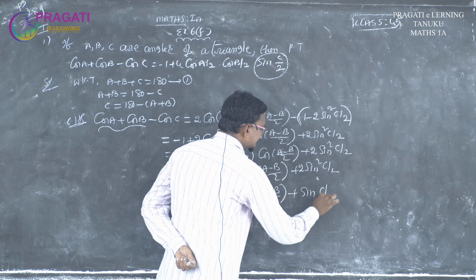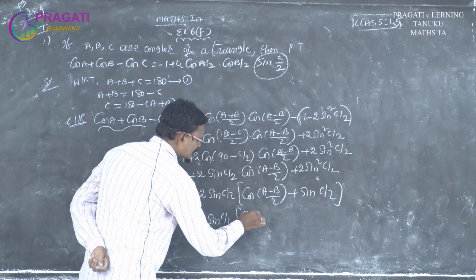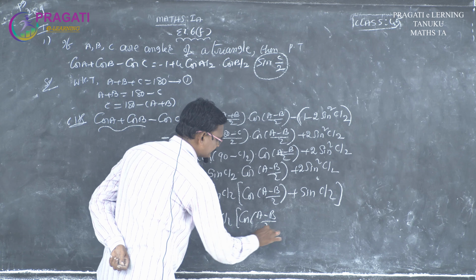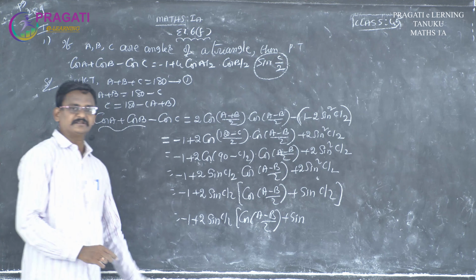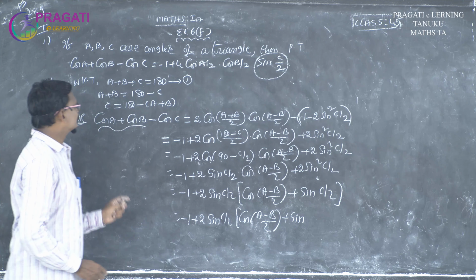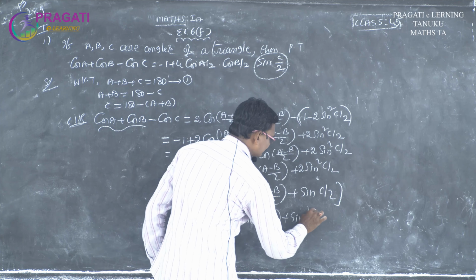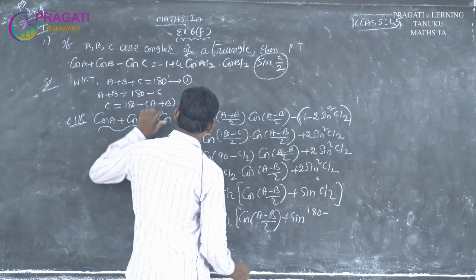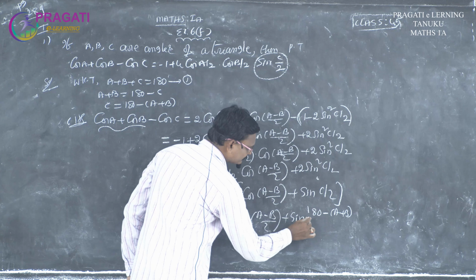Now minus 1 plus 2 sin C by 2, cos of A minus B by 2 plus sin. Now the angle C changes in terms of A and B. So in the place of C we can write 180 minus A plus B, again by 2.